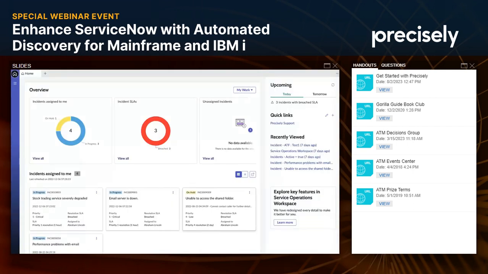For example, here we have the Service Operations Workspace. Now, this is used as a central point for handling alerts and incidents. Seeing items and issues from across your entire IT landscape is a good thing.